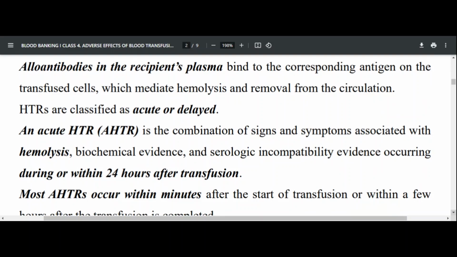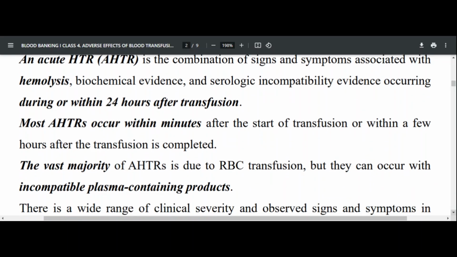That is one of the signs of serological incompatibility of blood in transfusion. That should occur within 24 hours, and if it occurs within 24 hours or just during transfusion, this is called acute hemolytic reaction. Most acute hemolytic transfusion reactions occur within very few minutes after the start of transfusion, or within a few hours after the transfusion is completed.